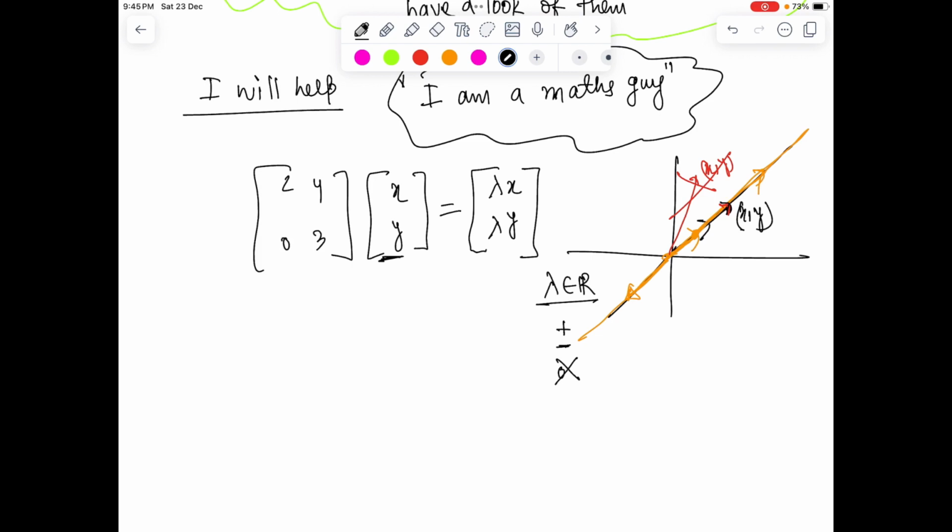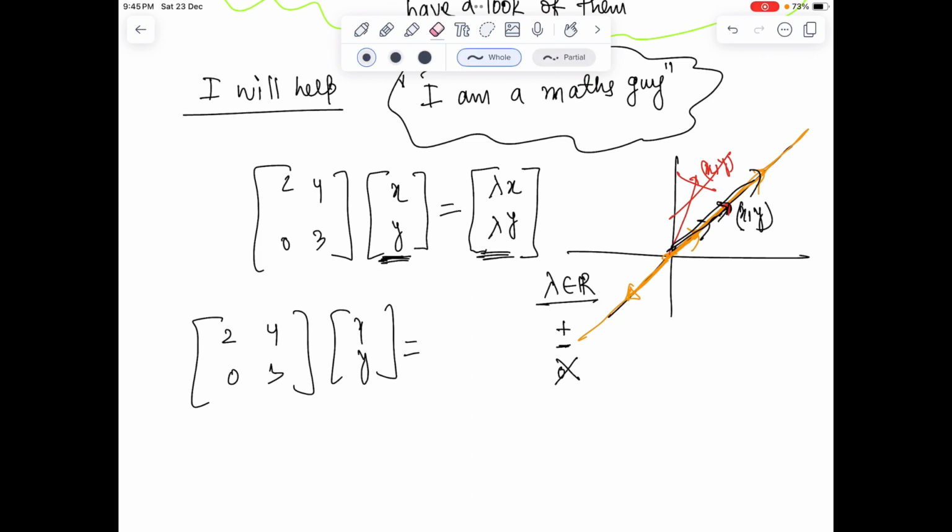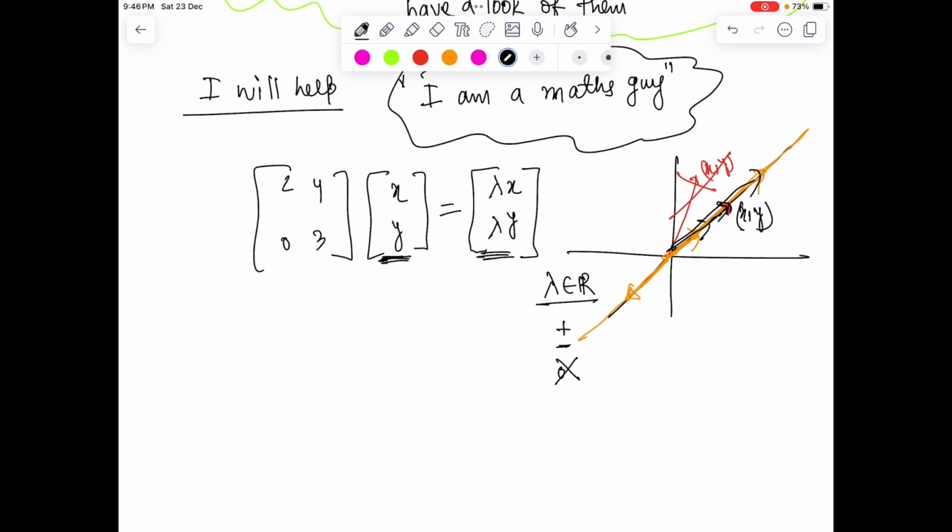That also you can do very easily using matrix multiplication by setting up an equation. Now if I want xy to get scaled up in this fashion, clearly you can see I can arrange this equation a little bit. So the matrix 2, 4, 0, 3 times xy is... now we can expand this equation.